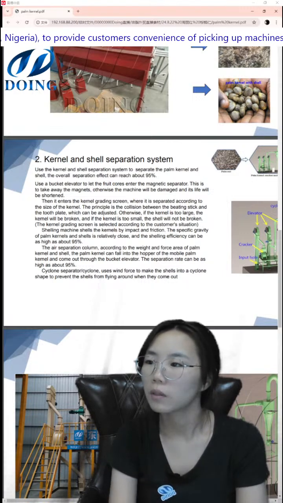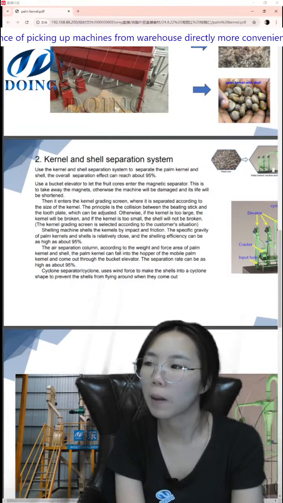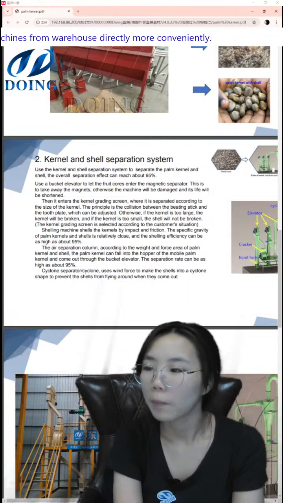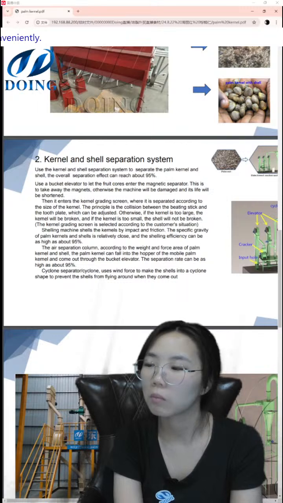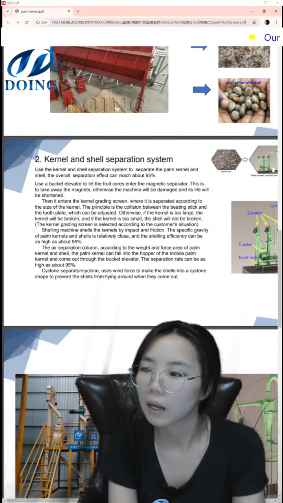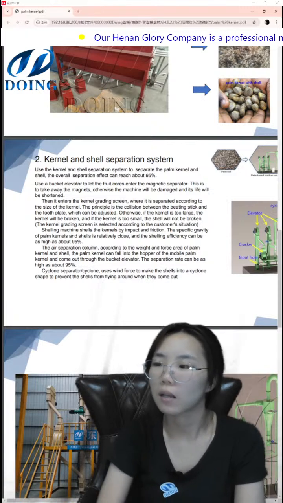The air separation column works according to the weight and the wind force on the palm kernel and the shell. The palm kernel falls into the hopper of the middle palm kernel and comes out through the bucket elevator. The separation rate can be as high as about 95%.